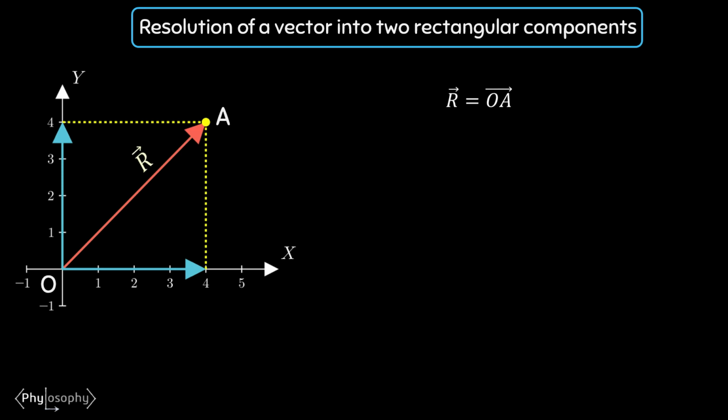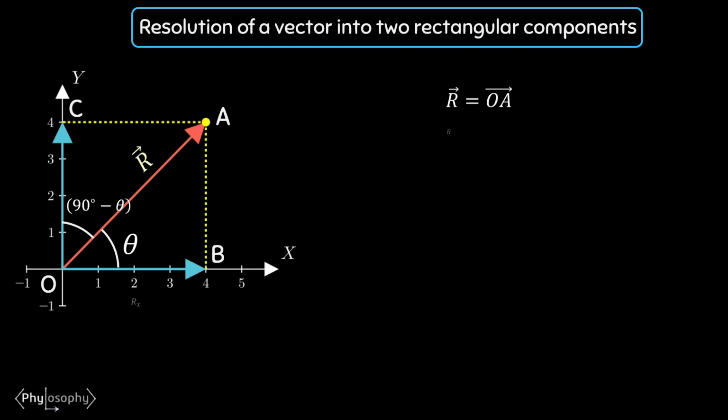Let the vector r be drawn from a point O in the xy plane and it is represented by OA. The vector r makes an angle theta with the x-axis. As this is an orthogonal coordinate system, it makes an angle 90 degree minus theta with the y-axis. Now two perpendiculars AB and AC are drawn from point A on the x and y axis respectively.